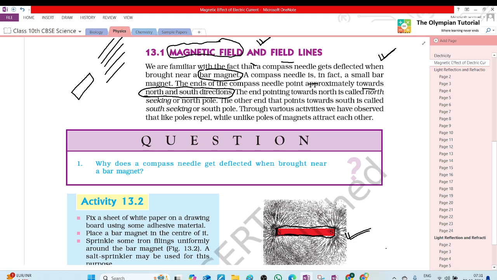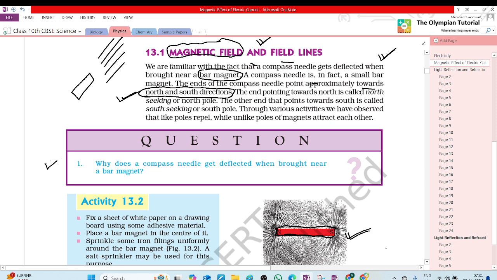Due to the magnetism of earth. And north pole means north seeking, south pole means south seeking. And same thing, like poles will repel each other, unlike poles will attract each other.